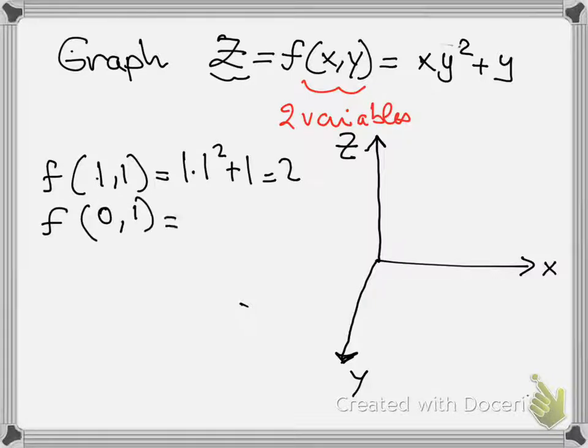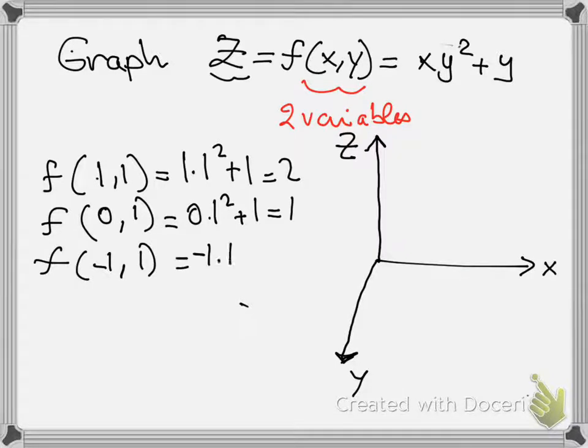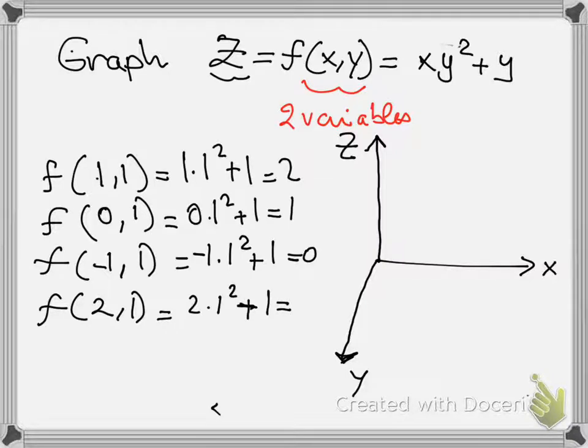So f of 0, 1, that's 0 times 1 squared plus 1, that's equal to 1. Okay, f of negative 1, positive 1. So that's negative 1 times 1 squared plus 1, so that will be equal to 0. f of, let's say, 2, 1. So that's 2 times 1 squared plus 1, so that will be equal to 3, right?